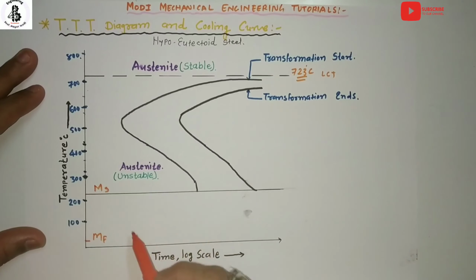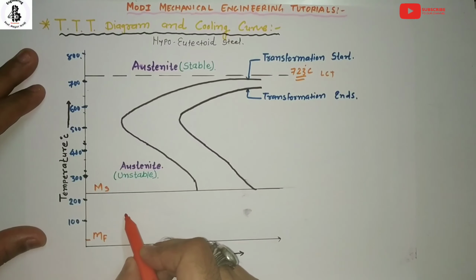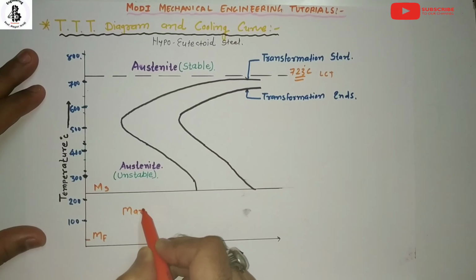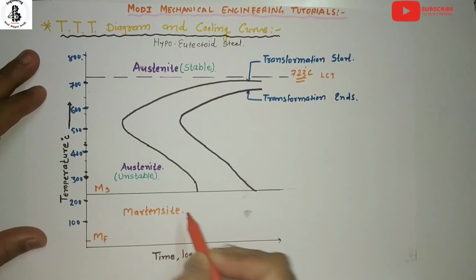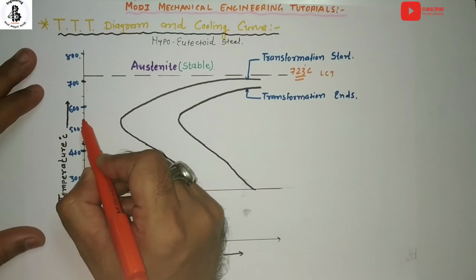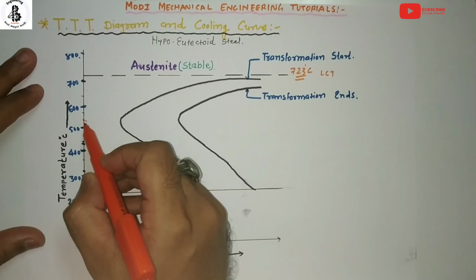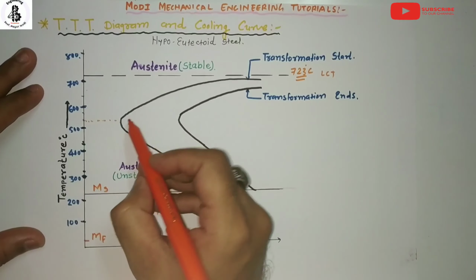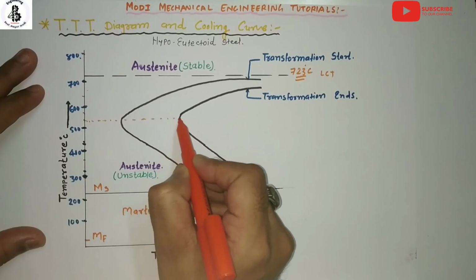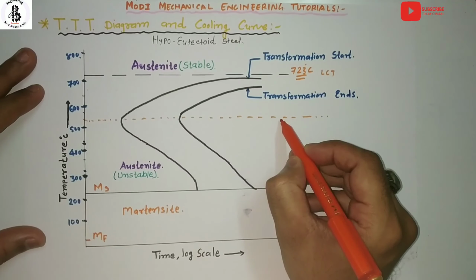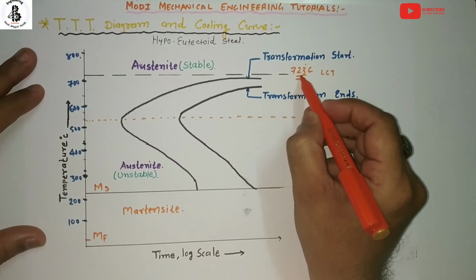This total area is where the martensite structure is found, and around 550 degrees centigrade, this temperature separates the different phases of pearlite and bainite. You can see from 550 degrees centigrade up to 723.